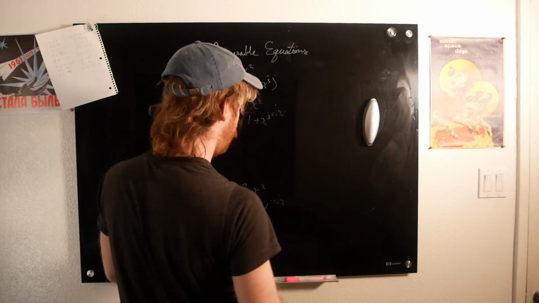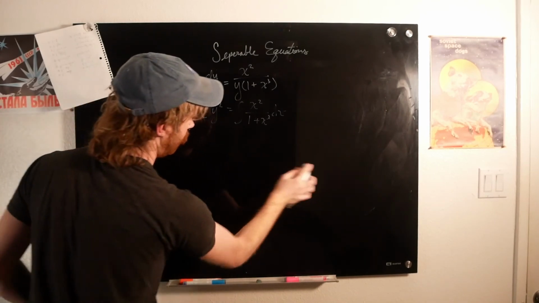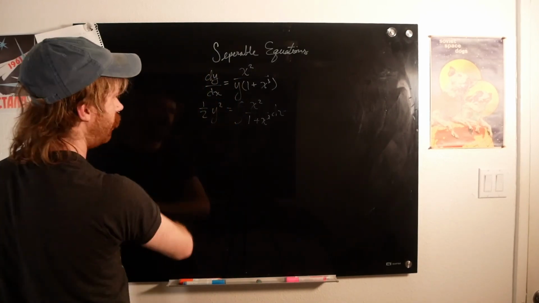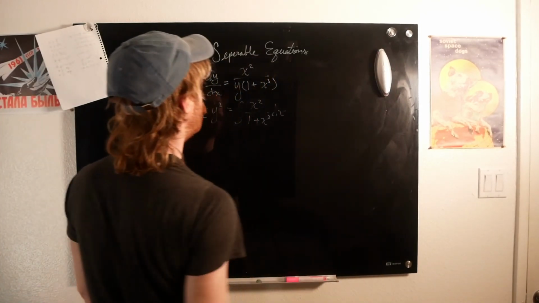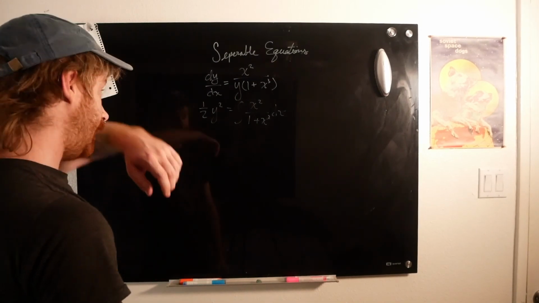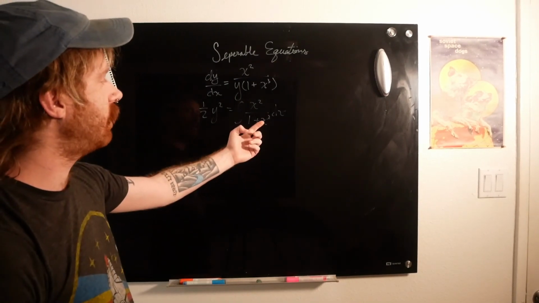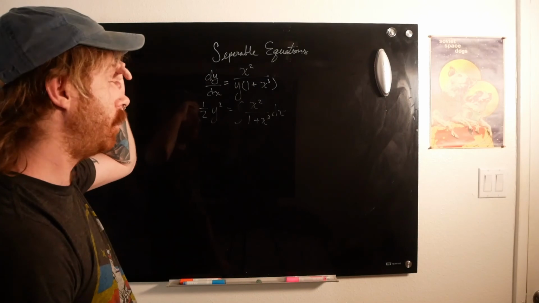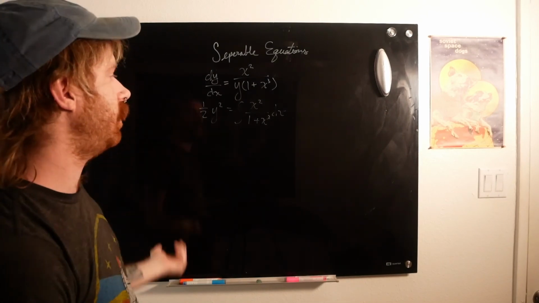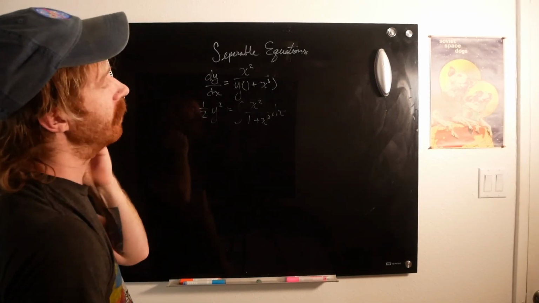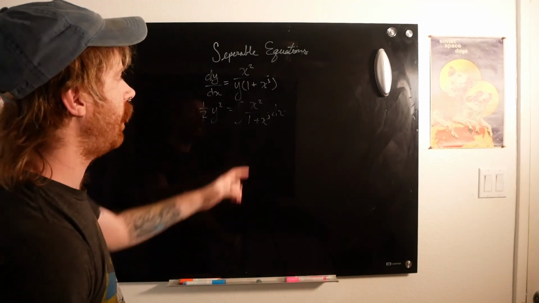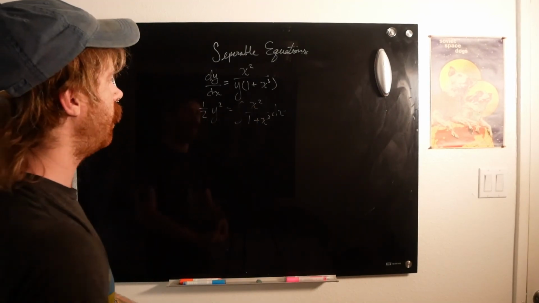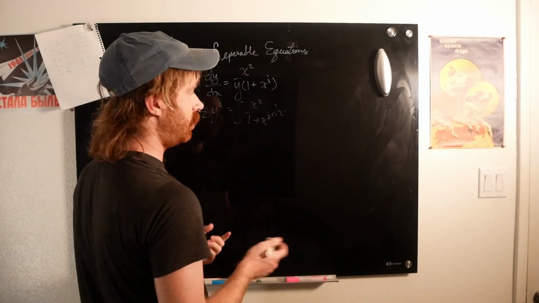Okay, so what do you think would be the best thing to set as our u sub? Well, my guess would be that 1 plus x cubed would work pretty well, because the derivative of 1 plus x cubed is going to be 3x squared, and that's going to cancel our numerator term, right? So for the right side, this is just calculus.